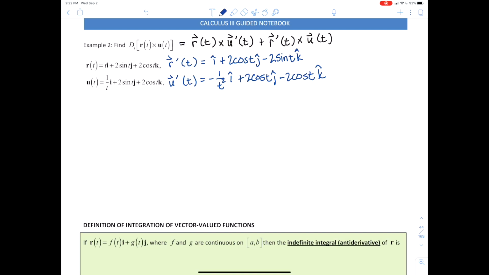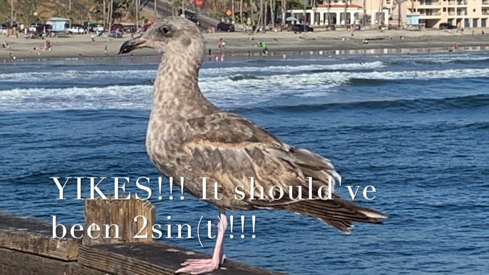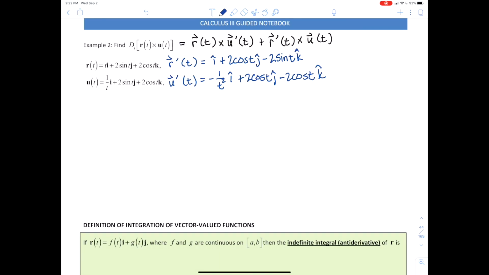Cool so far? All right. So it's so much easier to take a look at the cross product in terms of, and as far as remembering it, in terms of a determinant, right? I hate just memorizing that formula.